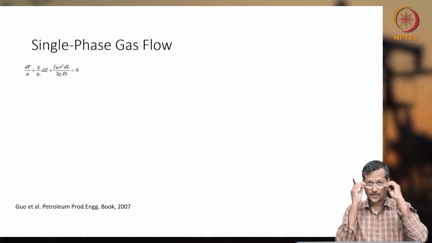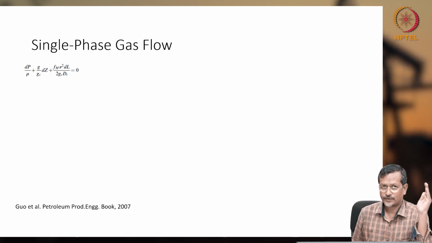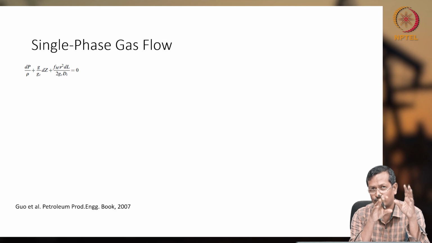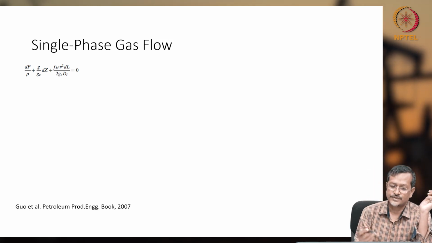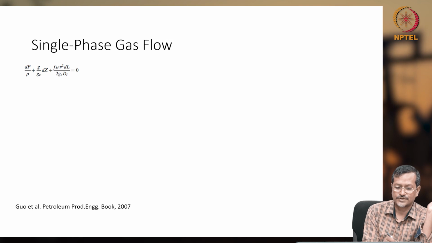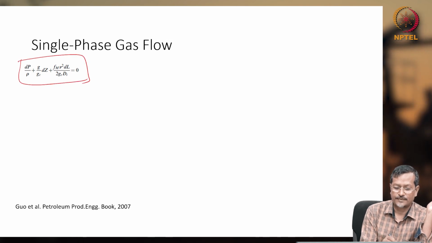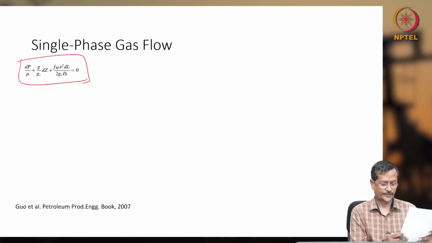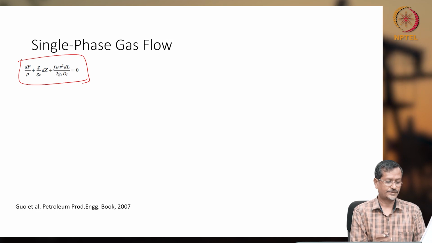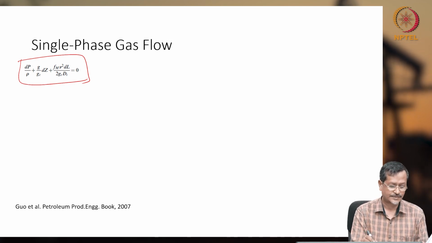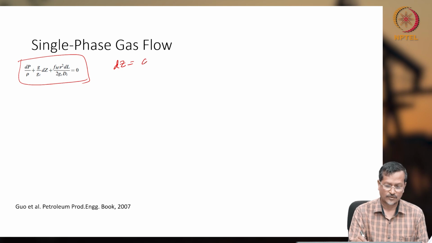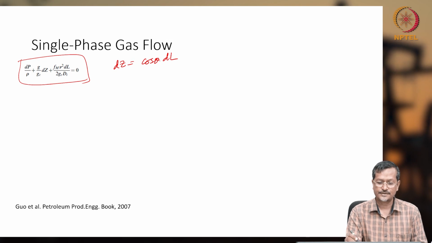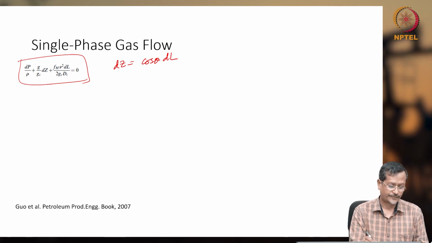Now we have seen multiphase flow for liquid and gas. We have seen single phase liquid flow. Now this is for single phase gas flow. Single phase gas flow has an equation like this: pressure dP divided by dz equals rho g by gc, plus f_m v square dL by 2 gc d. The terms: dz equals cos theta dL, L is the piping length, cos theta is the angle of the pipe from vertical.